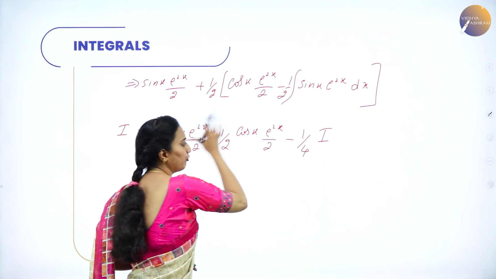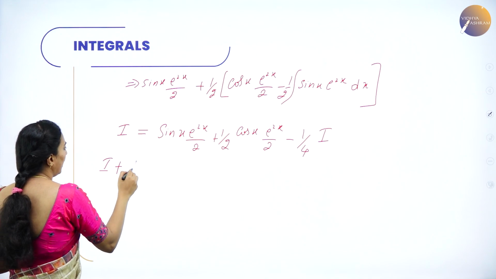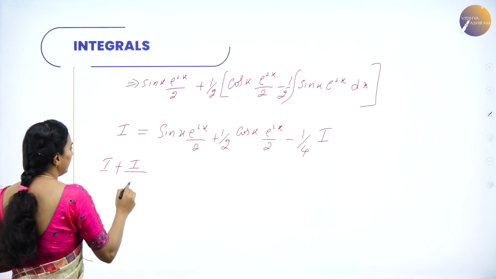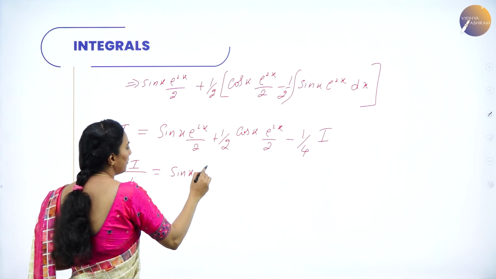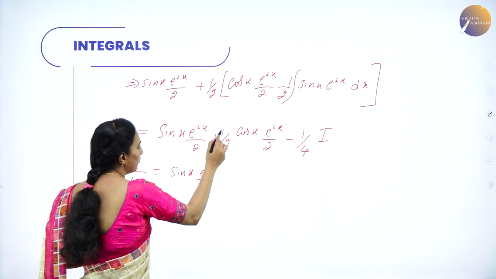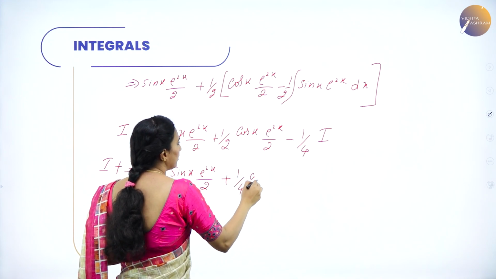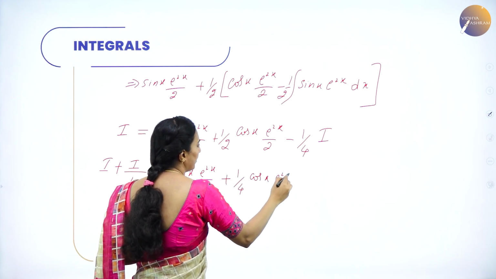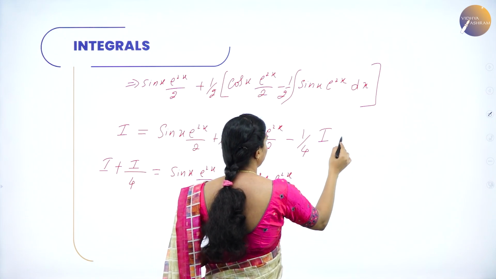Now minus 1 by 4 I am bringing to this side. What happens? I plus I by 4, right? Which implies sin x into e power 2x divided by 2 plus 1 by 4 into cos x into e power 2x, that's it, plus c, right?